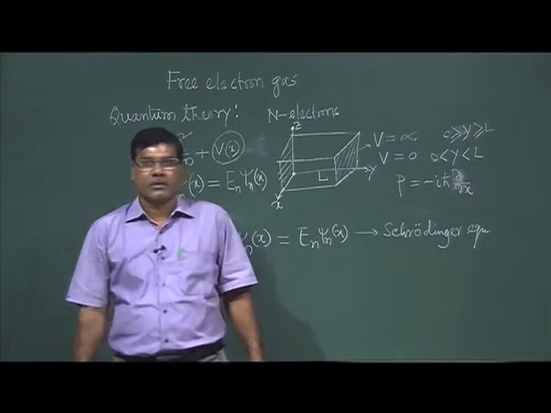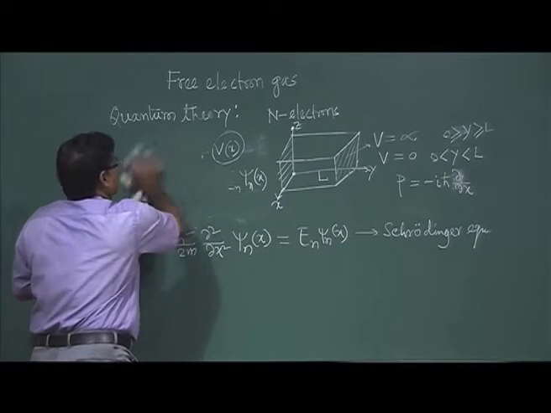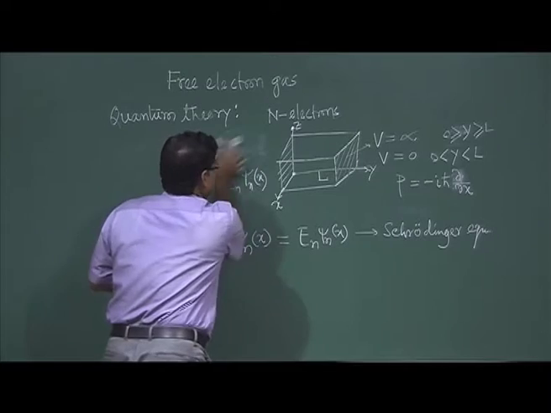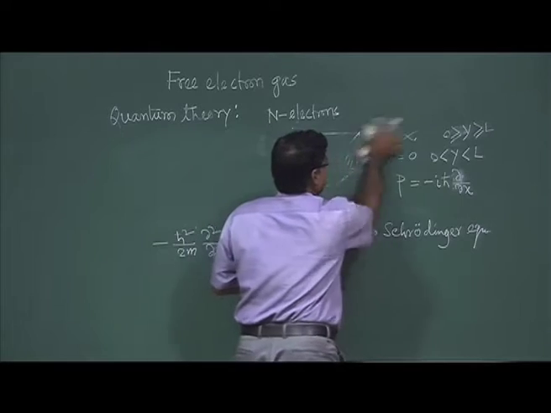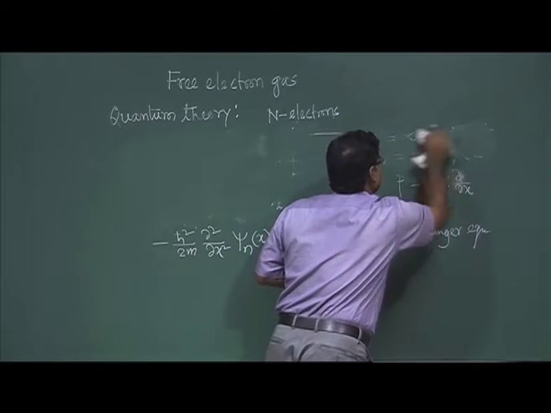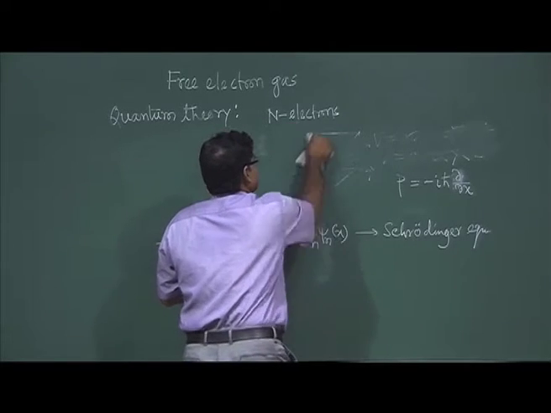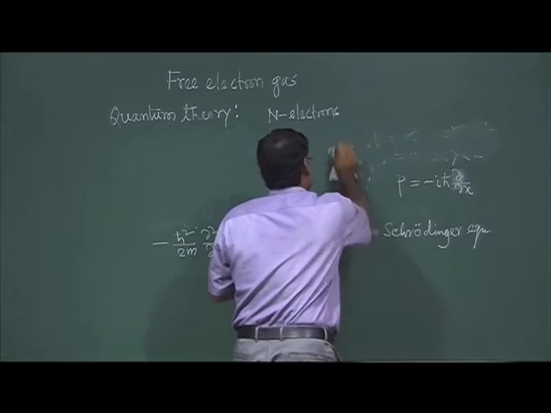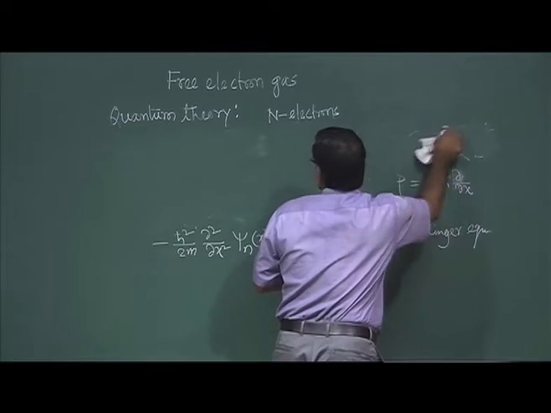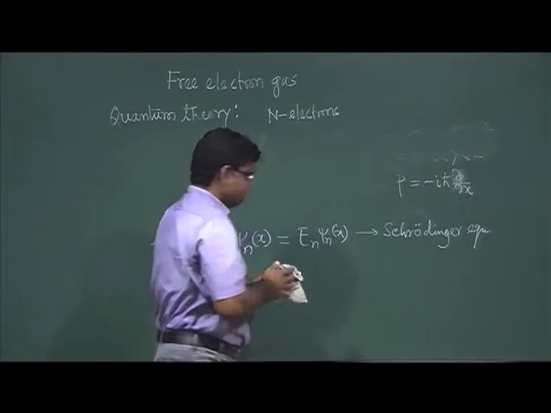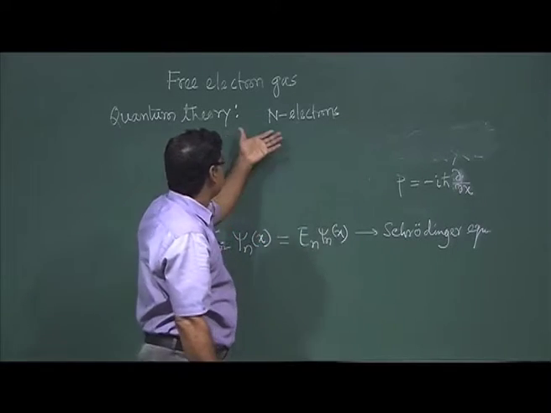Schrodinger equation for our system. Now, electrons in a box.